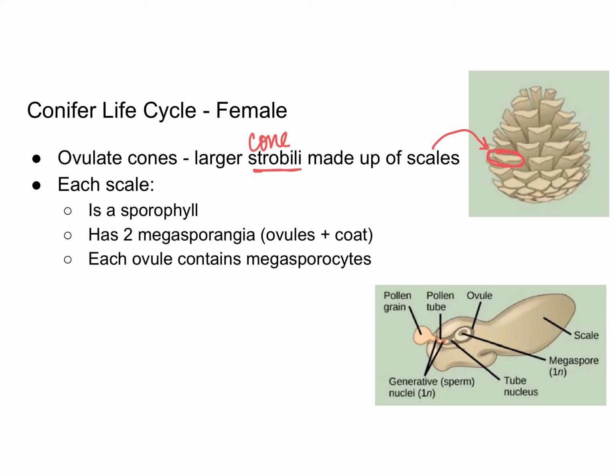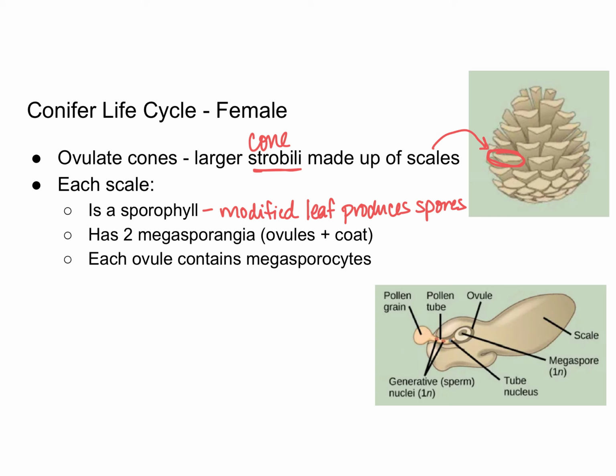If you remember from when we talked about seedless vascular plants, a sporophyll is just a modified leaf that produces spores. You've probably seen a pine cone before, and you probably wouldn't call it a leaf or full of leaves, but these are actually modified leaves.